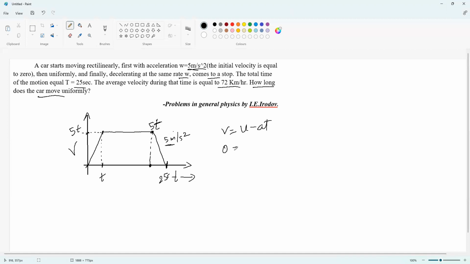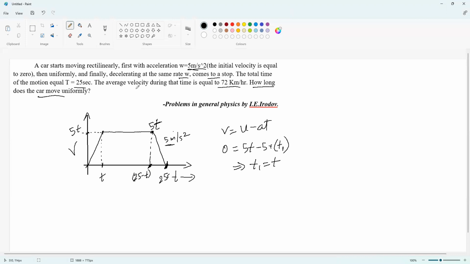So v is 0 and u is 5t, minus 5 times t1, and this is the time we need to calculate. Let it be t1. So we get t1 is equal to t. That means it takes the same time to decelerate which it took to accelerate. So if this is 25 seconds, this will be 25 minus t seconds.